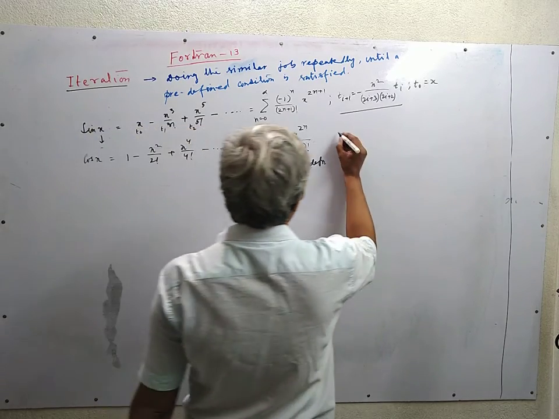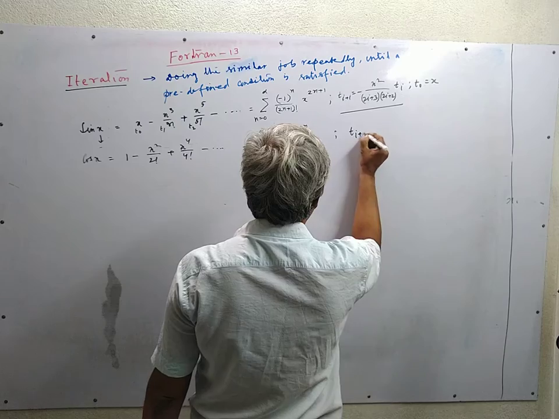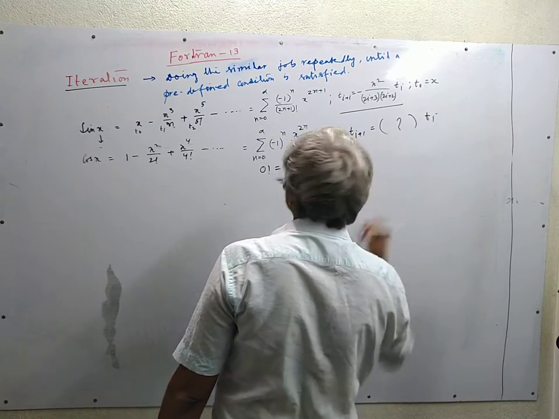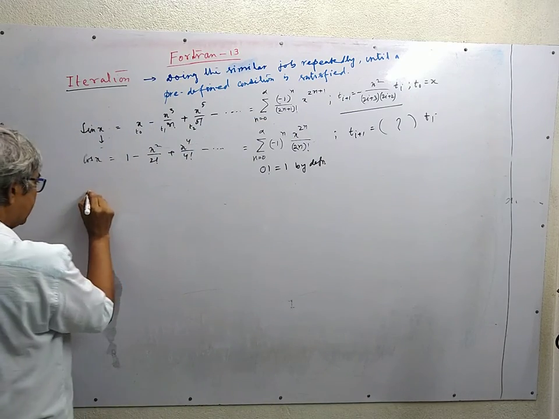Then your task is to calculate t i plus 1, and how it is related to t i, for the e to the power x function.